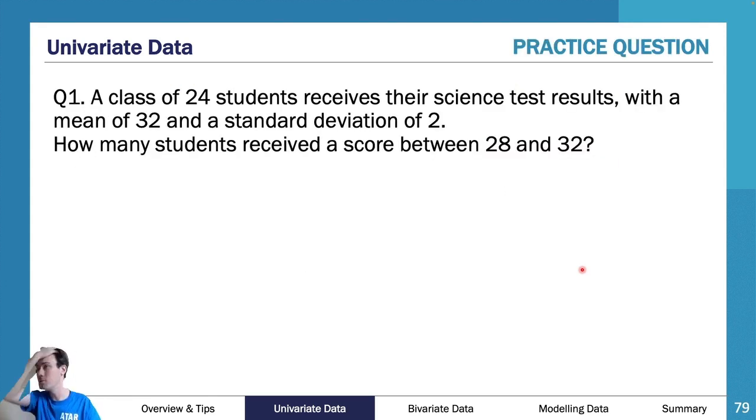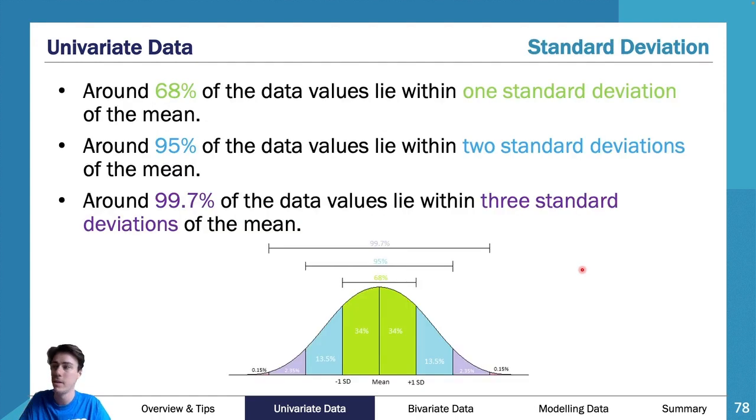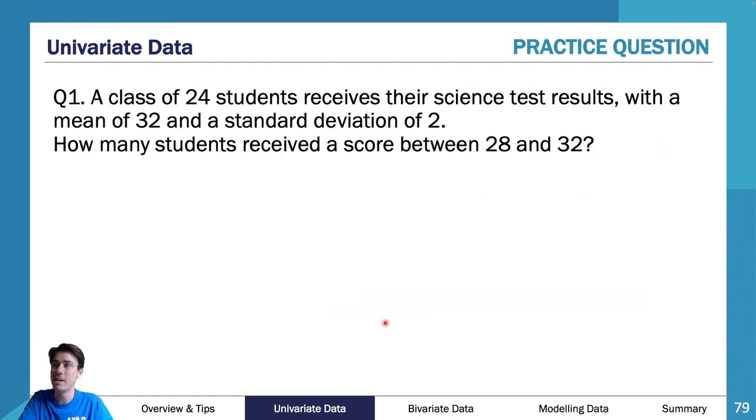A class of 24 students receives their science test results with a mean of 32 and a standard deviation of 2. How many students received a mark between 28 and 32? Well, how do I know how to answer this? I go back to this diagram. It said I had a mean of 32 and a standard deviation of 2. A standard deviation 1 below is 30 and a standard deviation 2 below is 28.